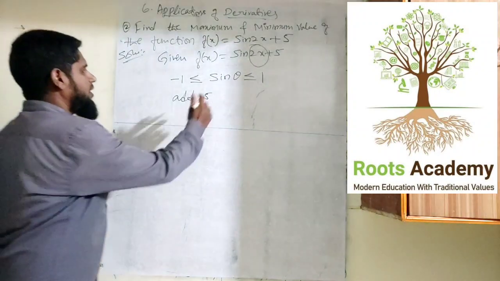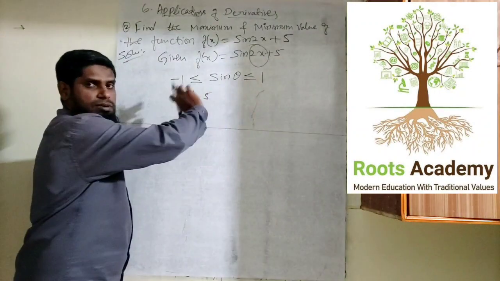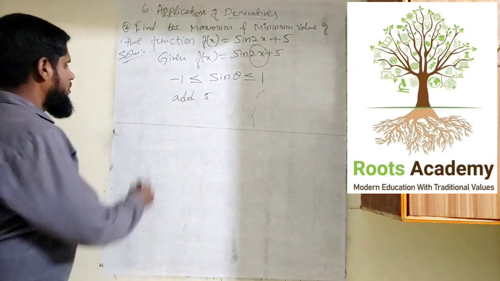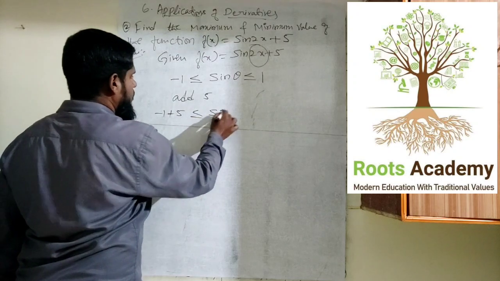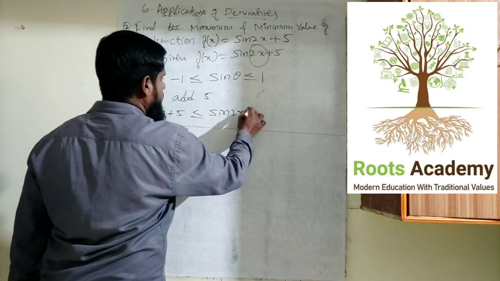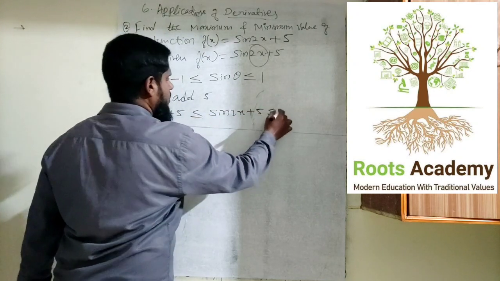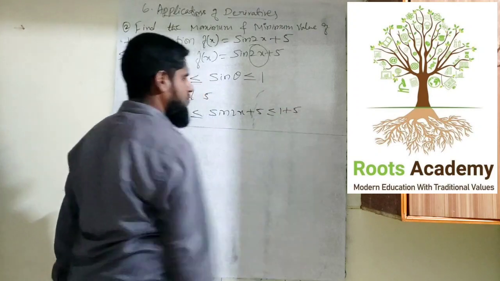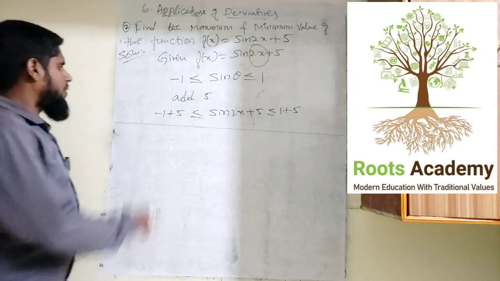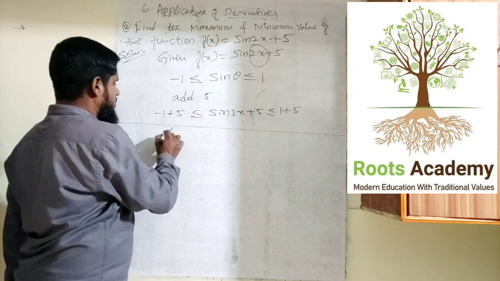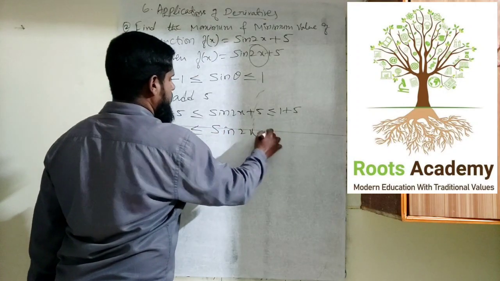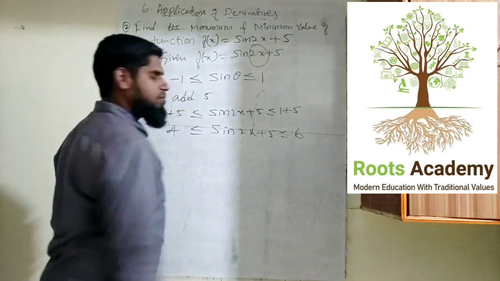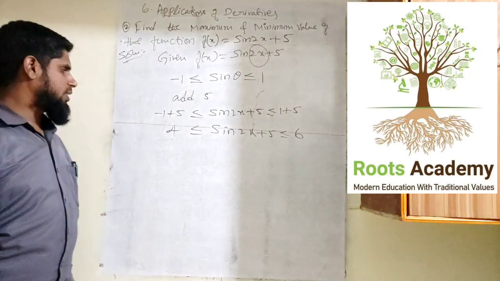Add 5 to the inequality, to this condition, on both sides. -1 plus 5 less than or equal to sine 2x plus 5 less than or equal to 1 plus 5. So student, -1 plus 5 is 4, less than or equal to sine 2x plus 5, less than or equal to 5 plus 1 is 6.